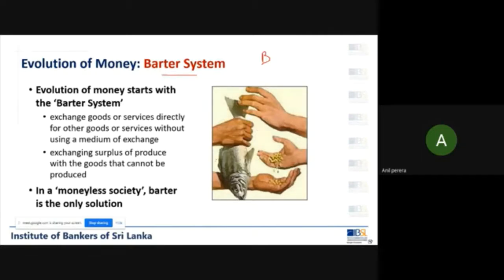So this person is exchanging fish with grain. So what if this happens? The person with fish goes to the person with grain and says, okay, let's see, I have some fish. Would you like to take this fish and give me some grain, please?